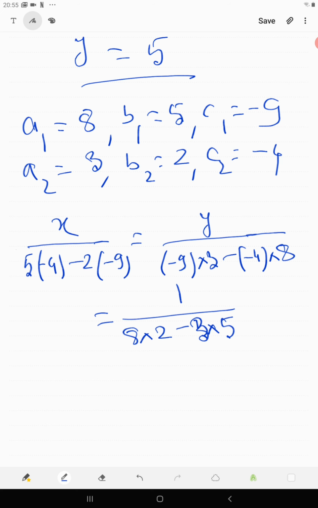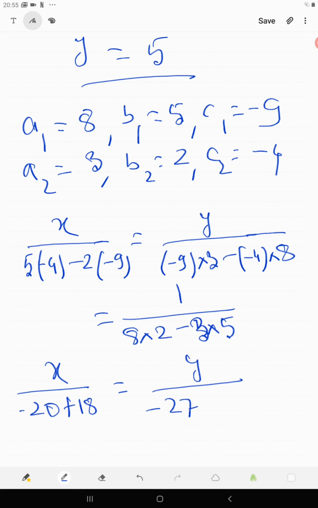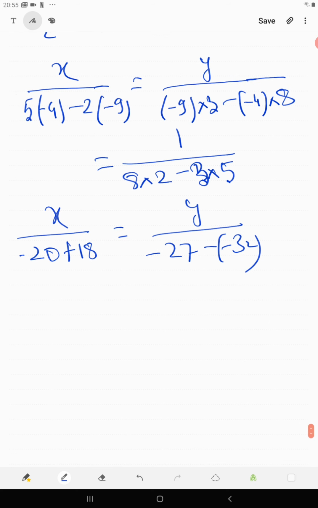Okay. So what we are getting? x divided by 5 into minus 4 is minus 20, and minus 2 into minus 9 is plus 18, equals y divided by minus 9 into 3 is minus 27, and then minus 4 into 8 is minus 32. So minus 27 minus bracket minus 32 equals 1 by 8 into 2 is 16 minus 3 into 5 is 15.